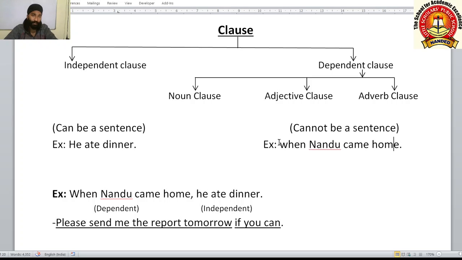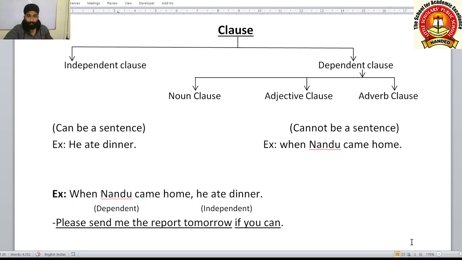So this is why this is a dependent clause. But if you say it together, when Nandu came home, he ate dinner, it sounds meaningful. So the thought is completed here. He ate dinner is the principal, main or independent clause, and this dependent clause is dependent on it. This is the subordinate clause. So a complex sentence is made up from one main clause and one or more subordinate clauses.